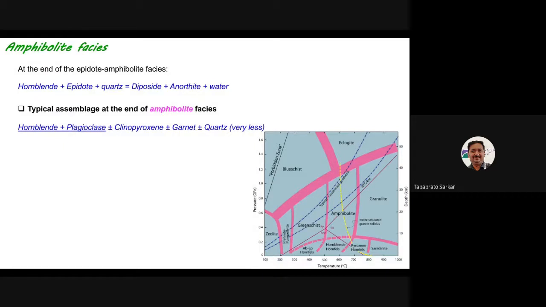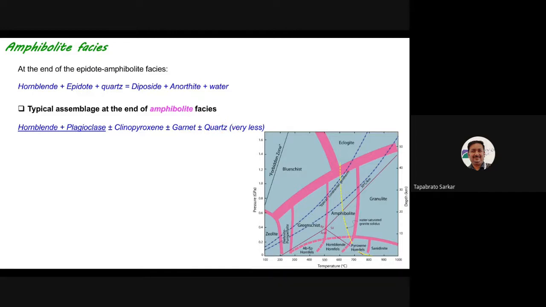Now at the end of the amphibolite facies, a typical assemblage is obviously hornblende plus plagioclase. Epidote is completely gone, and we have either clinopyroxene or garnet and some amount of quartz.